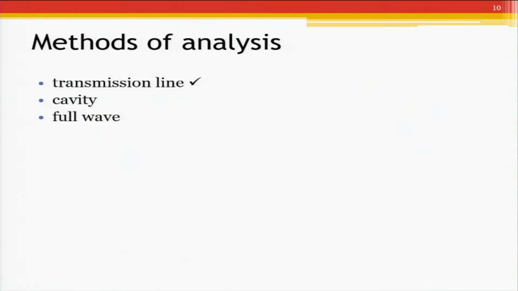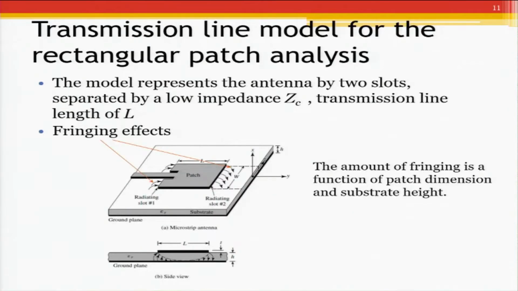Transmission line analysis will not give you full insight, but just give you the feeling of what it's like, what the characteristics should be. And it's the easiest method of analysis. So I will just go with this transmission line method.